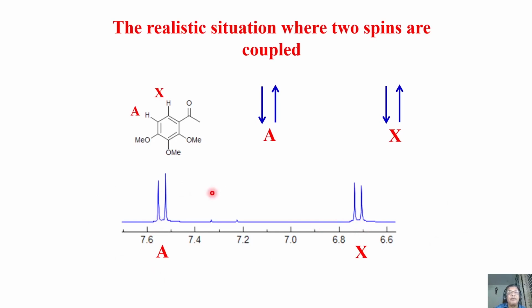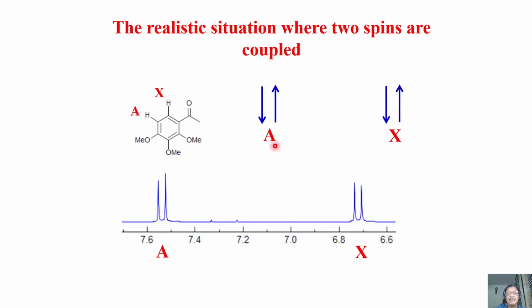Remember, 0.8 ppm is a huge value. At 500 megahertz, 0.8 times 500 is 400 hertz. The coupling constant may be of the order of 10 hertz. 10 over 400, this chemical shift separation is nearly 40 times larger. So, this is a weakly coupled spin system.